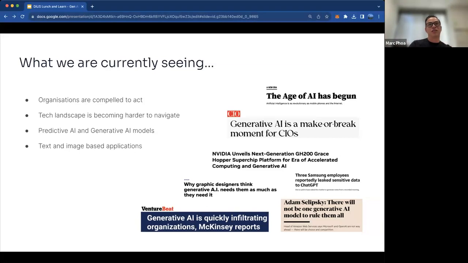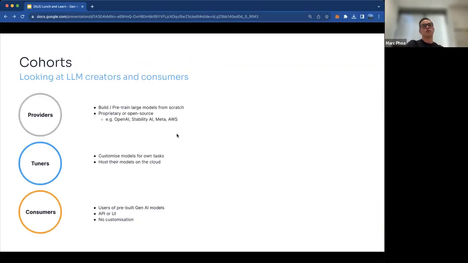Before I do hand over to Shahin, I wanted to share something we've seen from AWS. It's something they use to segment their customer base, and we found this to be quite useful. Starting from the bottom there is what we call the consumer group, or the consumers.